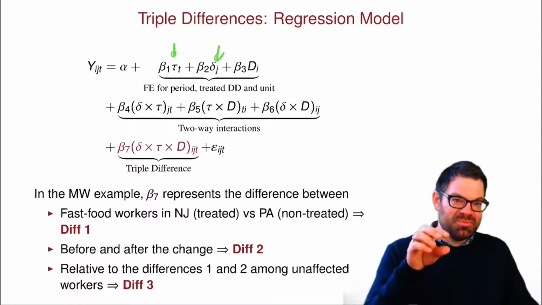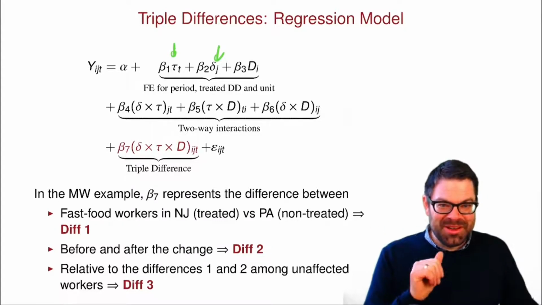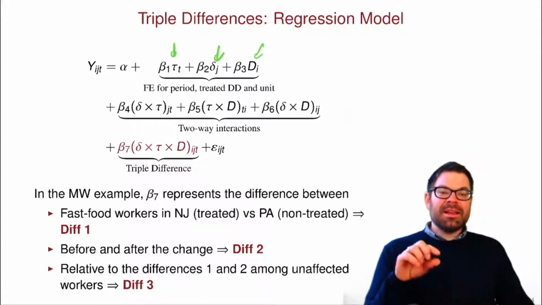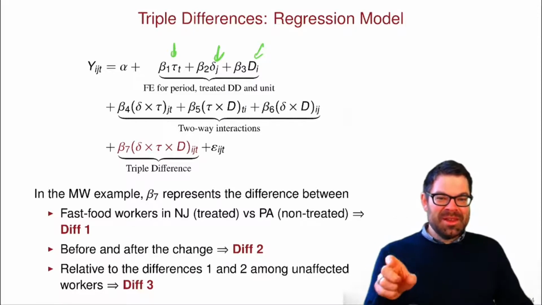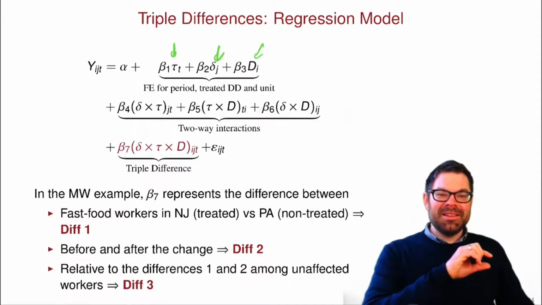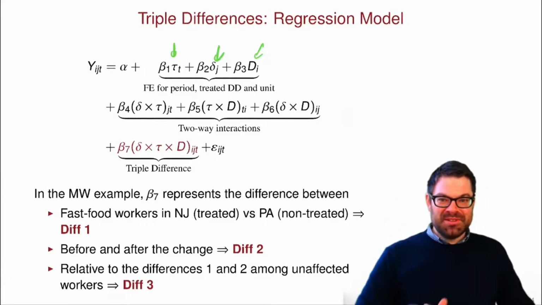Okay, it's just being in the right place at the right time. That's what treated means here. And then you have a third dummy here that's new. That's for whether you are in the group where the treatment actually works or whether you are in the placebo group. So this is basically treated versus placebo group.